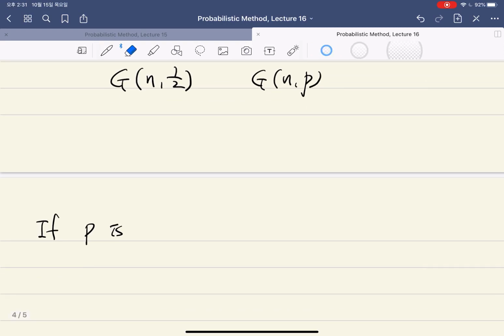We can consider other p, and then we can ask a similar question. For other constant values of p, we can do a similar technique. So with some modification, you can prove a related result. You can do it as an exercise.